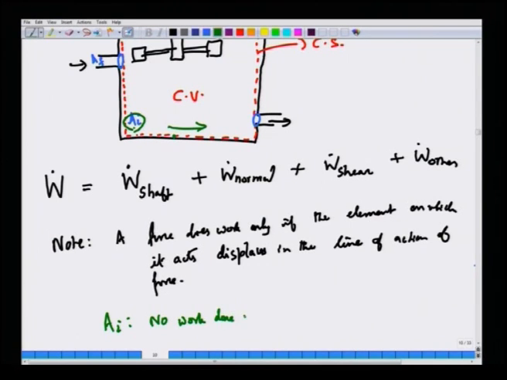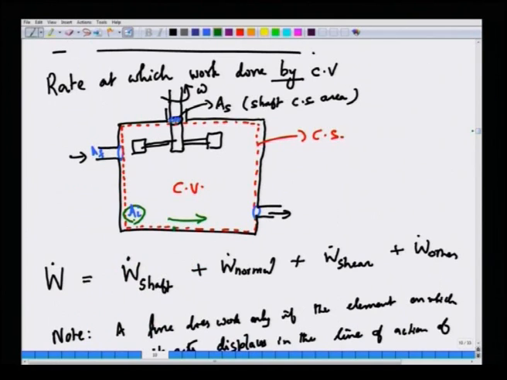Now, if you look at the shaft work, if you look at AS, then there will be a stress. So this is the CS that is cutting. There will be a stress in the solid surface over which the control surface is cutting across, and therefore there is a shear stress and there is an associated motion, a rotatory motion.